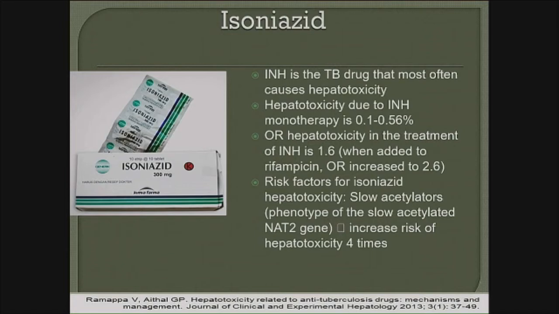But when added to rifampicin, the odds ratio increased to 2.6. A risk factor for isoniazid hepatotoxicity is slow acetylators. Slow acetylator is a phenotype of the slow acetylating NAT2 gene. So being a slow acetylator will increase the risk of hepatotoxicity 4 times.